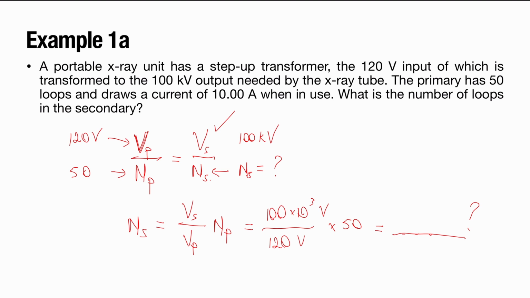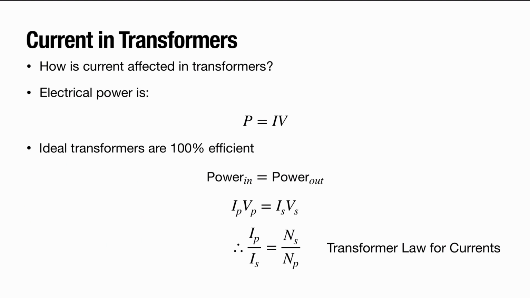Well, let's review something about electrical power. Electrical power is given by the current times the voltage. That is the power flowing through an electrical device. If you know the voltage across that device times the amount of current flowing through, you could tell me how much power is flowing through there.